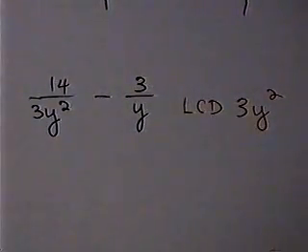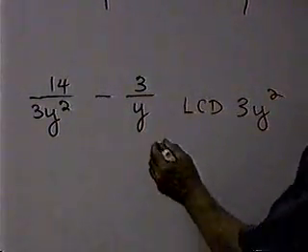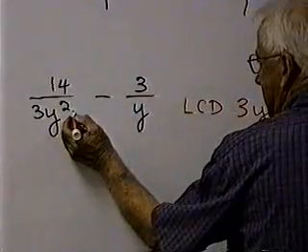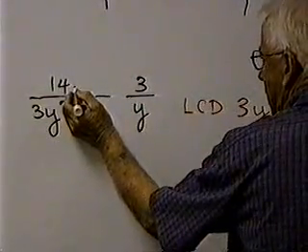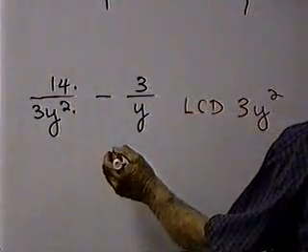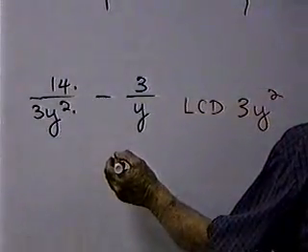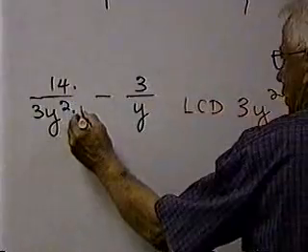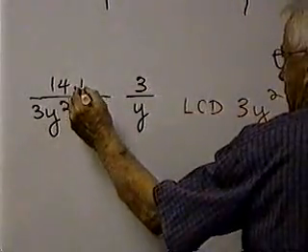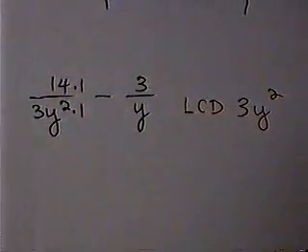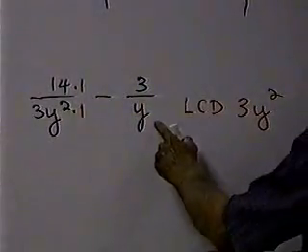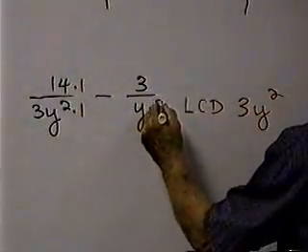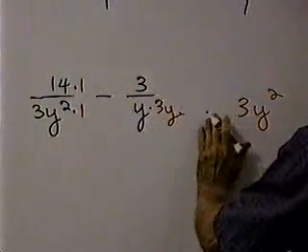Now, what we do is multiply the top and bottom by whatever it takes to get this common denominator. So I need to multiply this by 1, and so I multiply the top one by 1. Okay, here I need to multiply it by 3y.